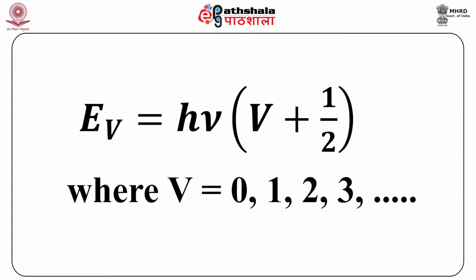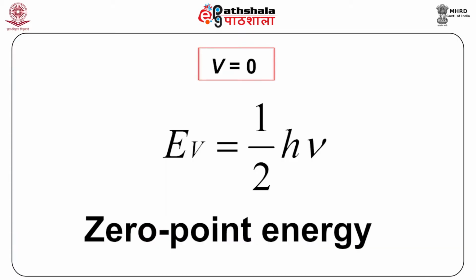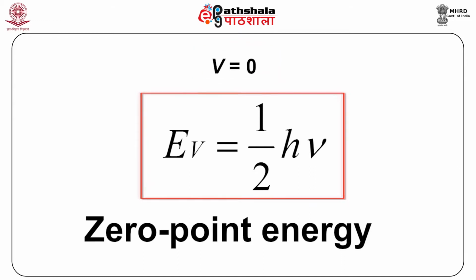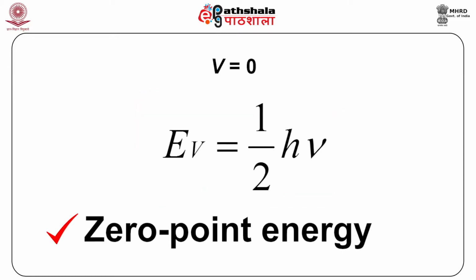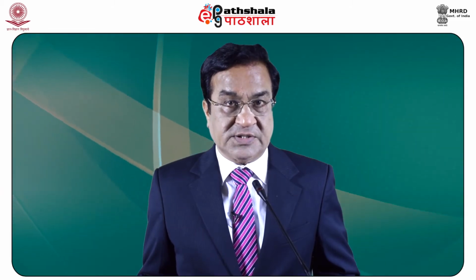We also showed that the vibrational quantum number can have values starting from 0, 1, 2, 3 onwards. When v has the value 0, we get the lowest vibrational energy, that is half h nu, which is called the zero point energy. So all these things we have already discussed.